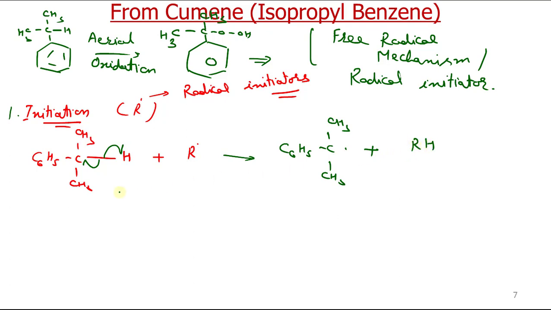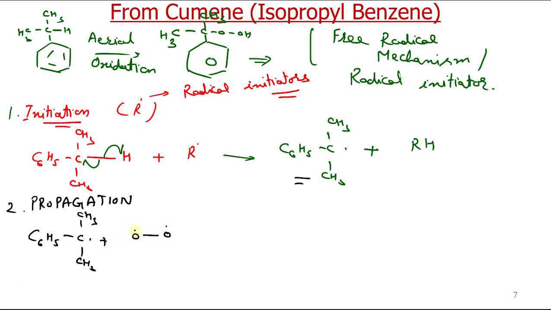Now the second step will be, as usual, propagation. This radical which is initiated will react with molecular oxygen, which is also paramagnetic. That can be explained on the basis of molecular orbital theory. CH3 radical plus oxygen, which is a diradical.